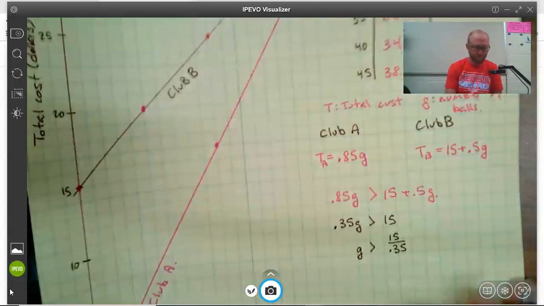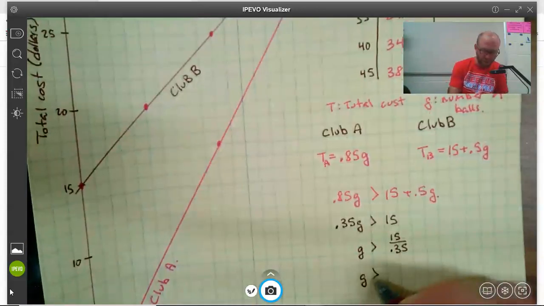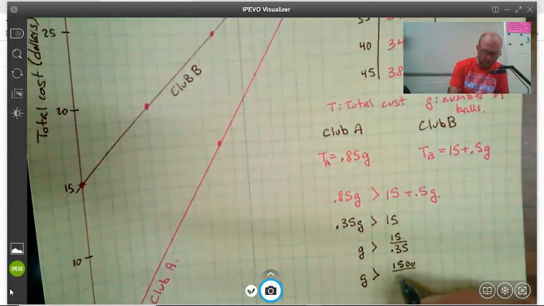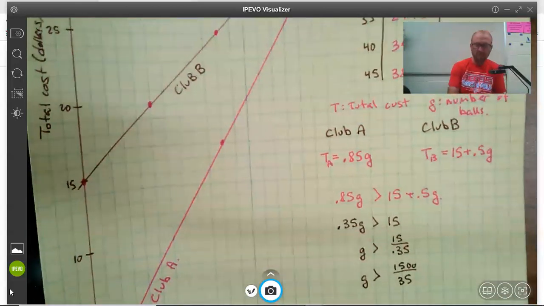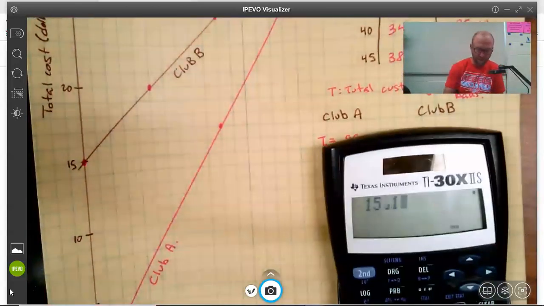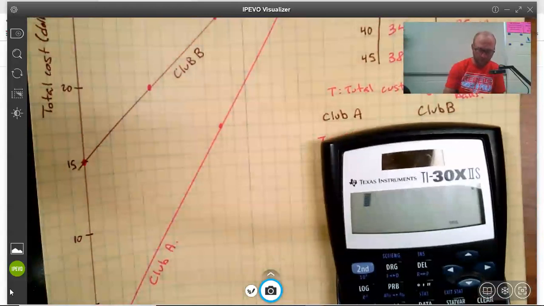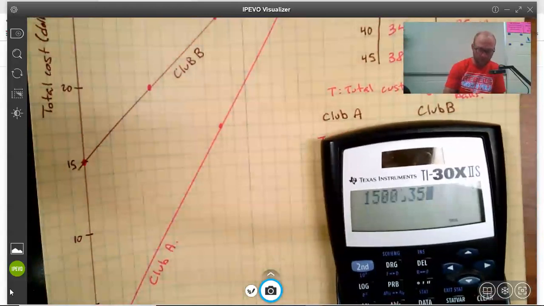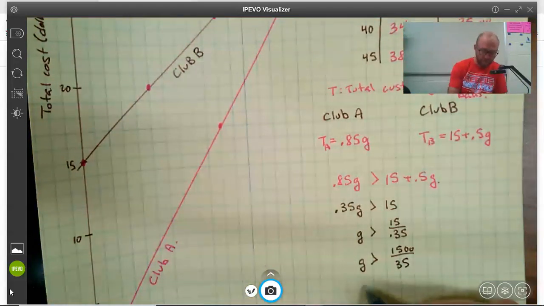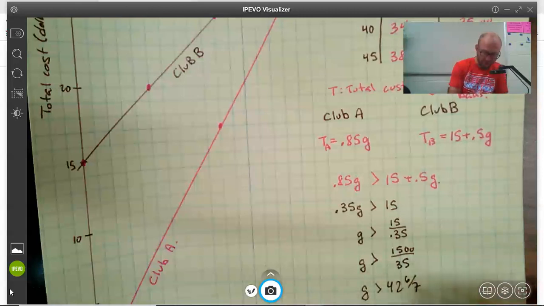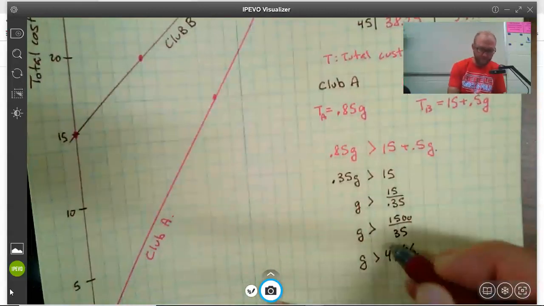And I could scale this fraction up to make it G greater than 1500 over 35. 1500 divided by 35 is 42 6/7. So for G greater than 42 and 6/7.